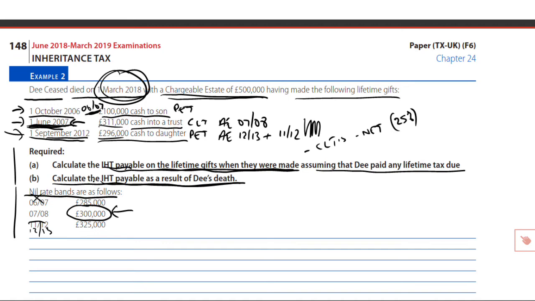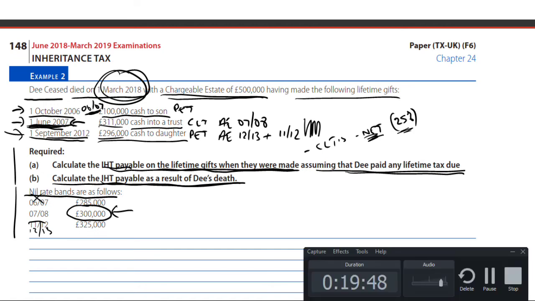But everything else is exactly the same there. Again, D paid any lifetime tax, that made it a net transfer, so anything above the then nil rate band will be taxed at 25%. Right, I'd like you to do the working for chargeable transfers, and I'd like you to do the computation for lifetime transfers chargeable when made, please. And then again, rejoin us to work through the answers to that.